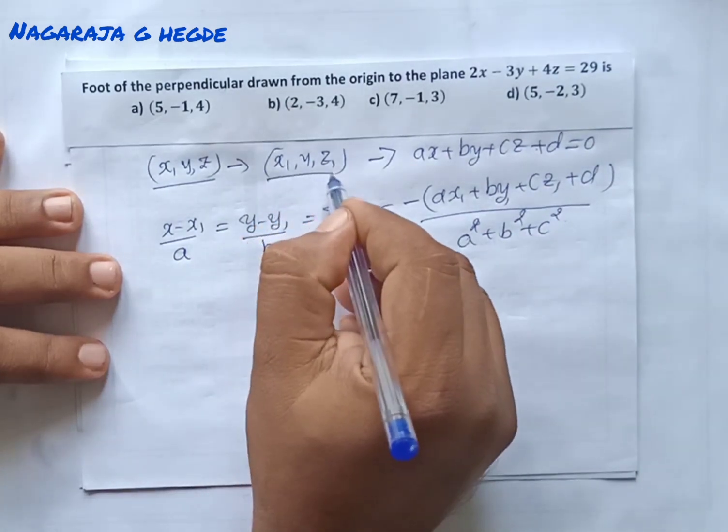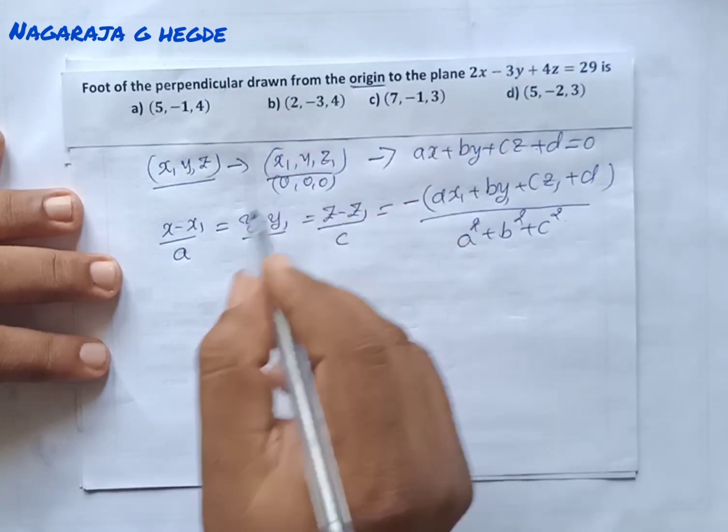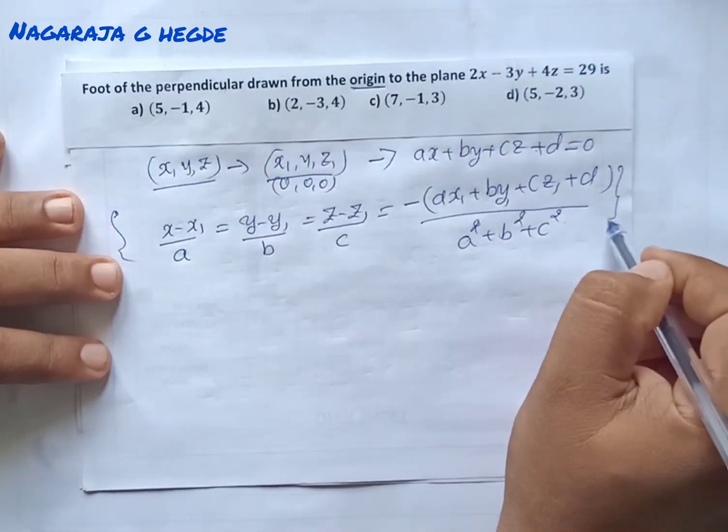Here x1, y1, z1 is nothing but the origin, so 0, 0, 0. This formula you have to remember.